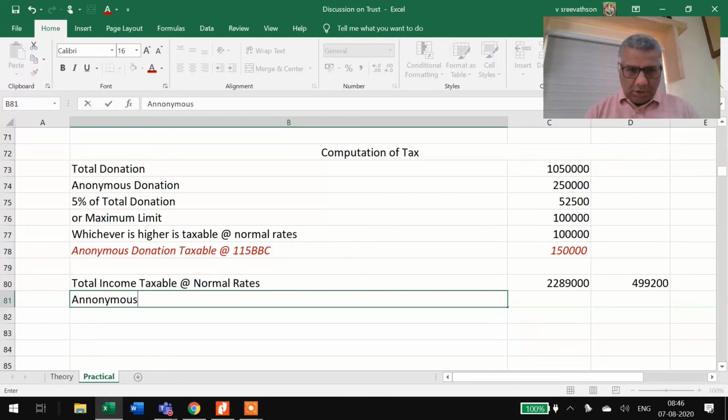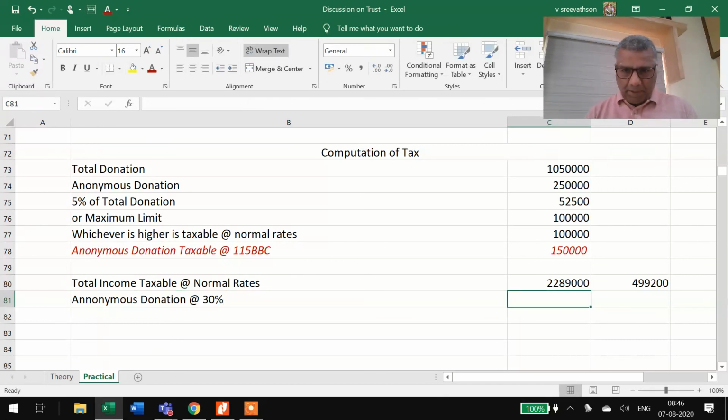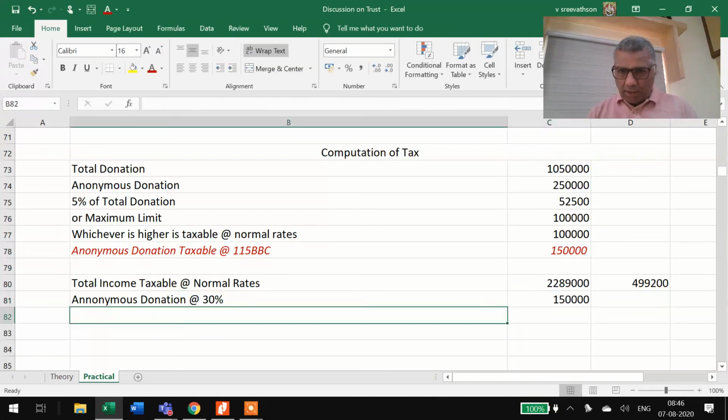Anonymous donation at 30%, nothing but 1,50,000.